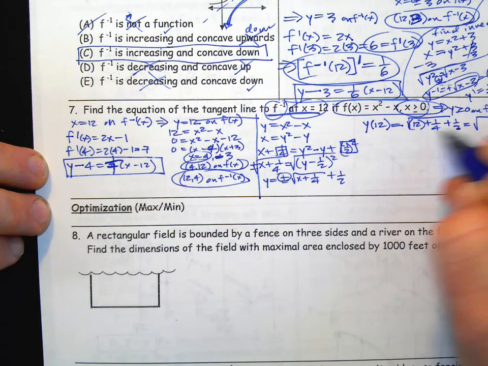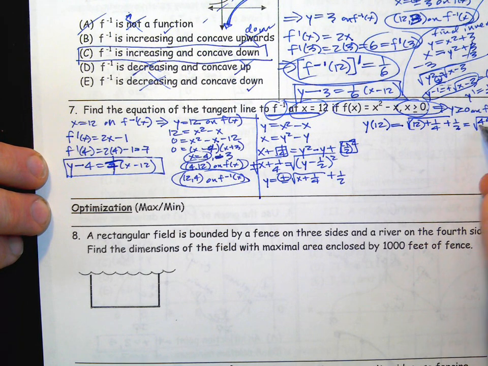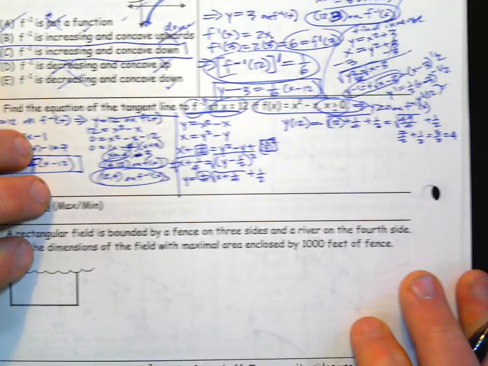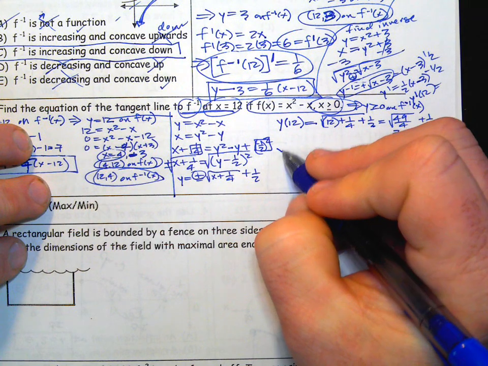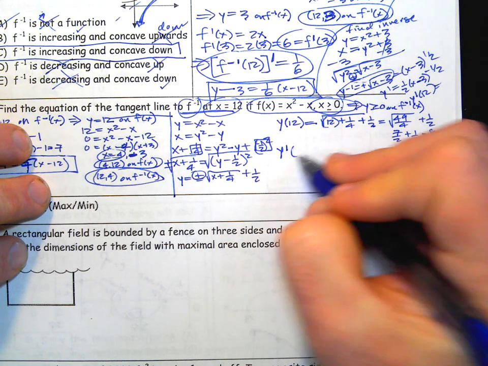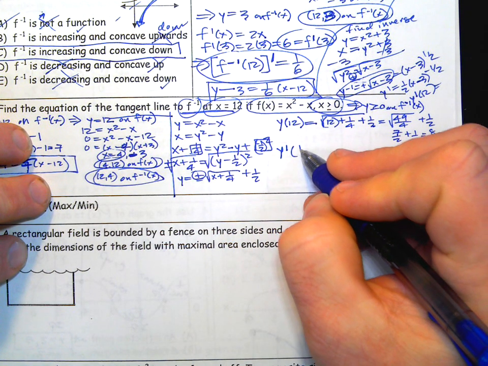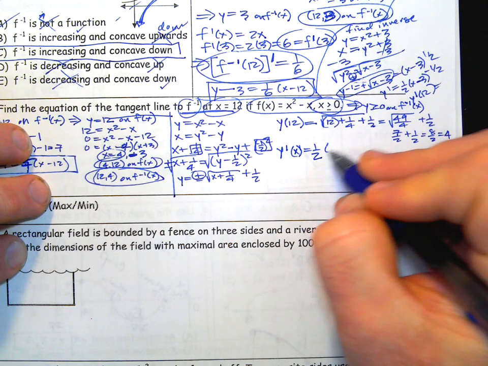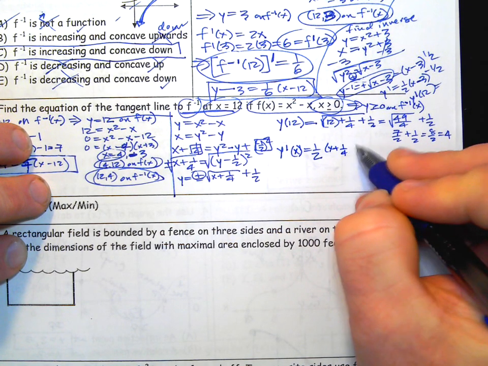And that's going to be the square root of 49 over 4, which is 7 halves, plus 1/2, which is 8 halves, which is 4. So there's your y value. And now you got to find the derivative of this ugly function, which is going to be 1/2 (x plus 1/4) to the negative 1/2.